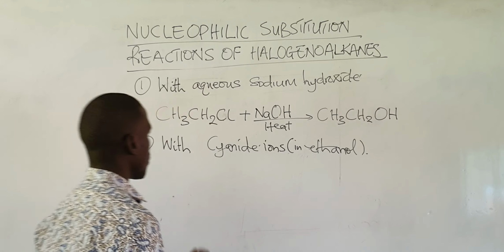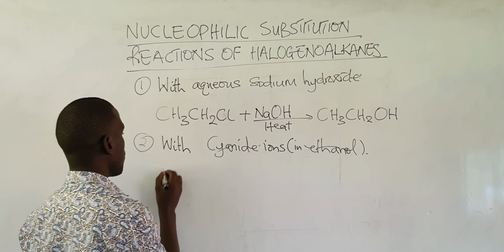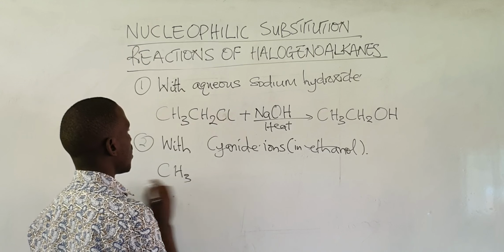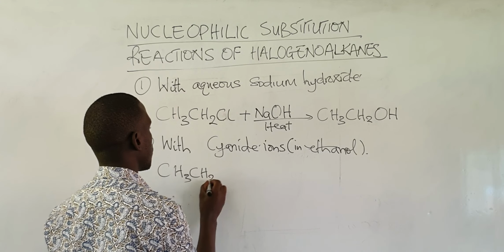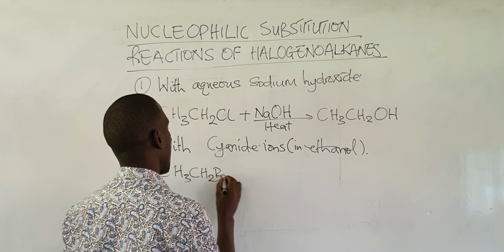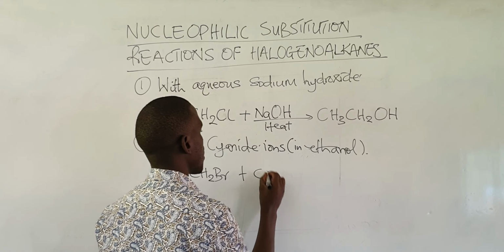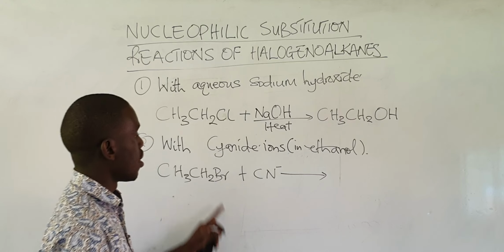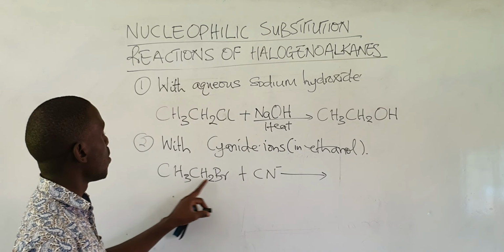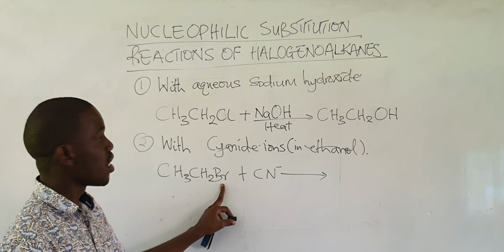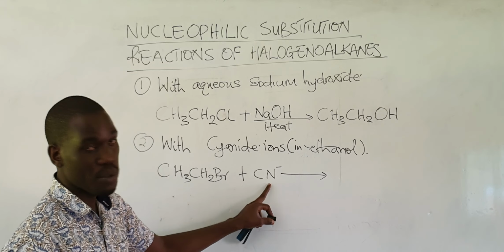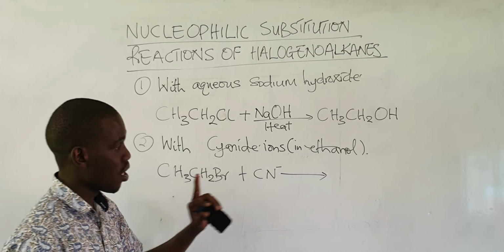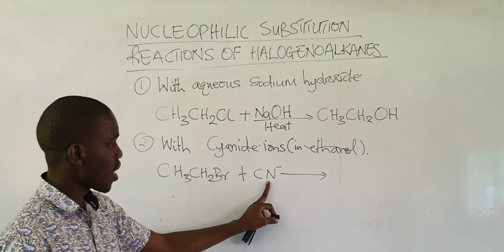Take for example, you have CH3CH2Br, and then you react with the cyanide ions. What do you get? Here, the Br in the halogenoalkane is substituted with the cyanide ion.